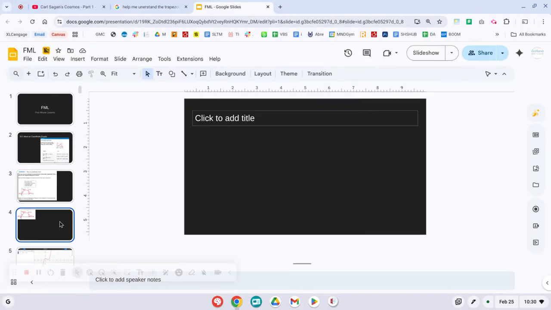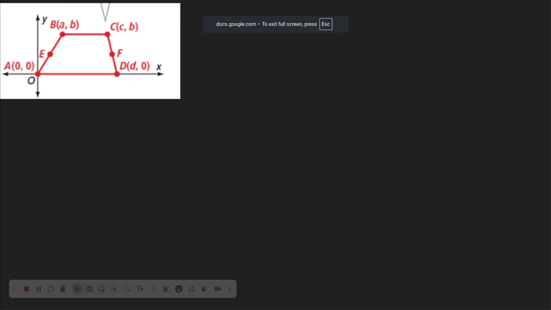We need to show that EF is parallel to the bases and that EF is the average of the 2 bases. So first, what is the slope of AD? It is 0.